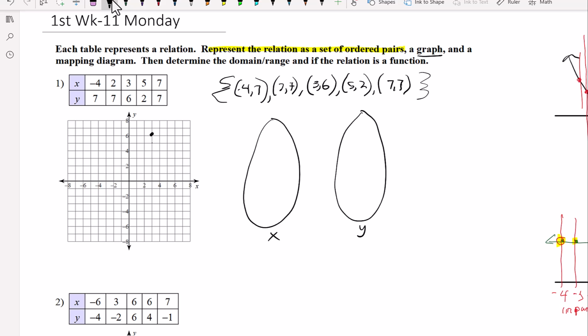Now we want to represent it as a graph. So -4, 7, +2, 7. Whoops, that's +2, not +1. Then positive 3, 6, and 5, 2.